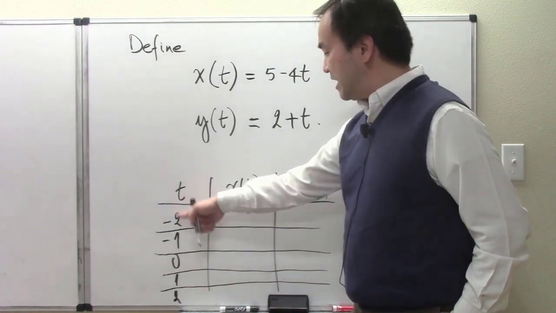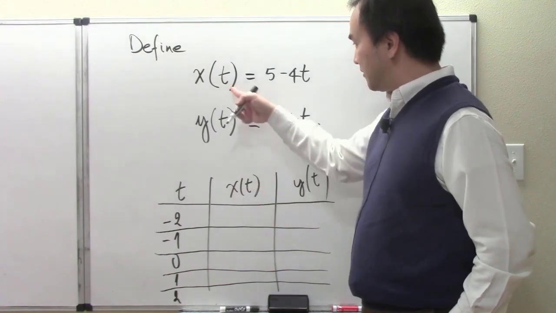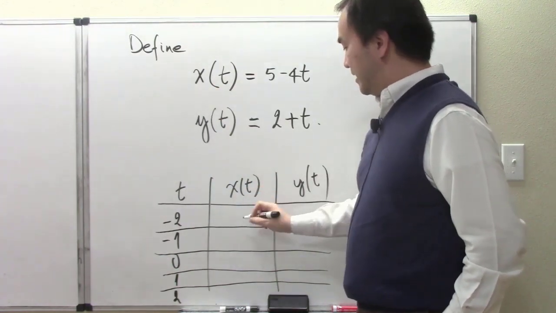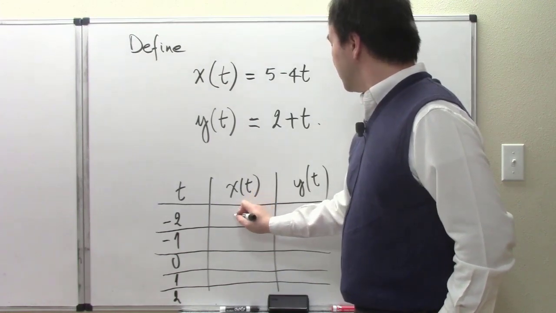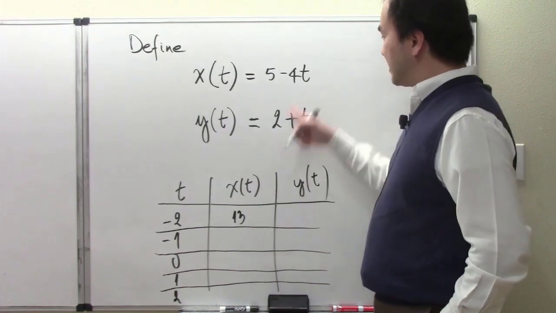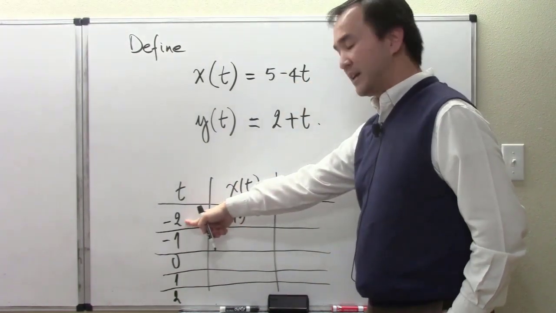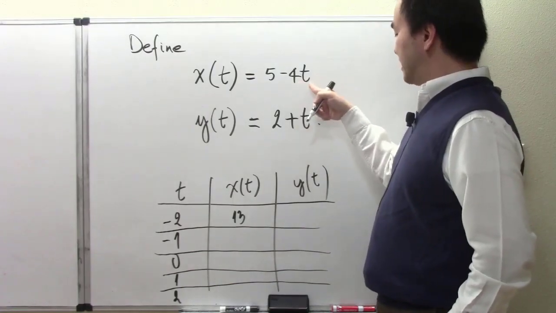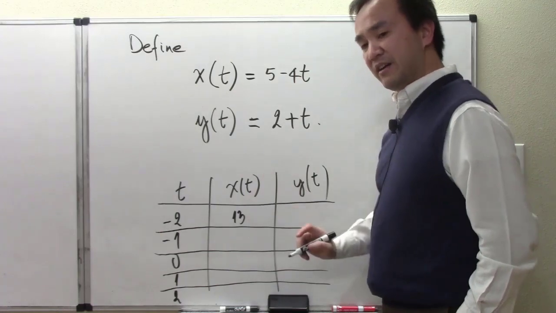So when t equals -2, our x value, the function output for x, is going to be 13, positive 13. As the calculation says, -4 times the input t. The input is currently -2, so -4 times -2 is positive 8, plus 5. Now I have a 13.